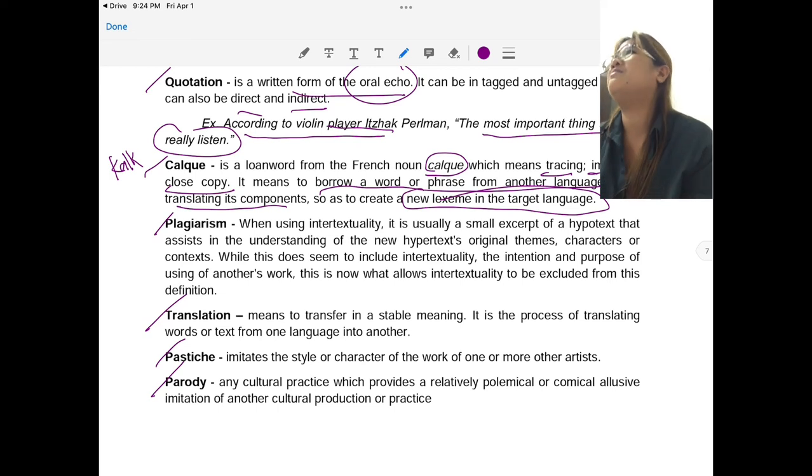It's very related to each other. So we also have an example, an Adam's apple. It's a calque of the French pomme d'Adam, or beer garden is a calque for German Biergarten.